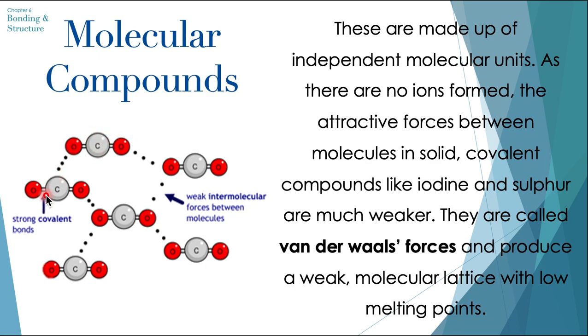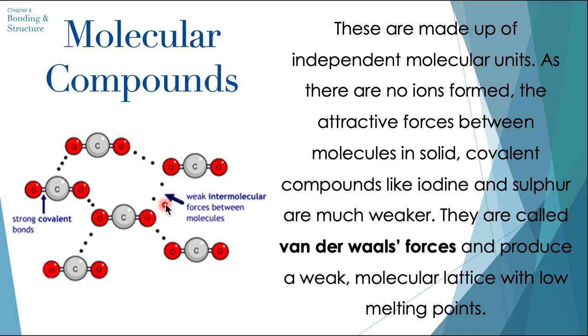So here we have strong covalent bonds between the atoms, and then we have this entire lattice. It's a molecular lattice, but unlike the ionic lattices, these have much weaker attractive forces between these molecules. So weak intermolecular forces between molecules, and these are called van der Waals forces.